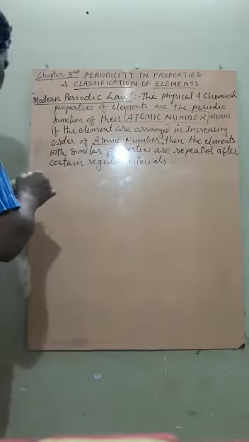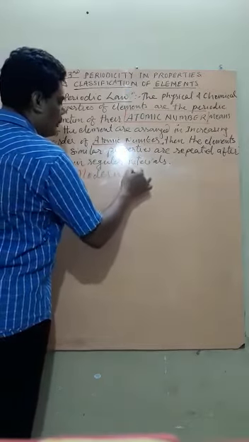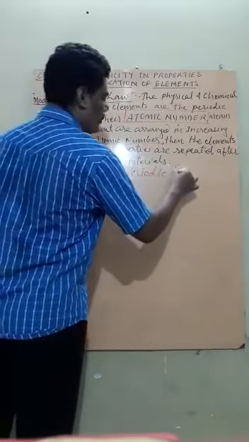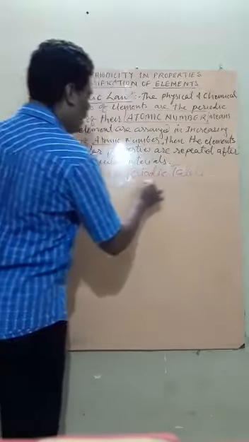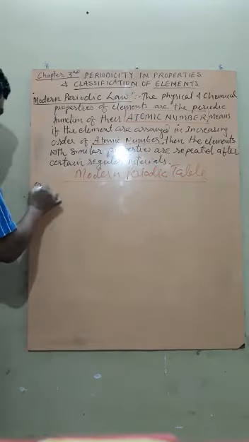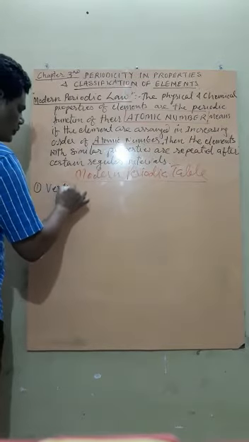Now, student, we are going to deal with the modern periodic table. You all know from your previous class, that is 10th class, the modern periodic table consists of two very important things. The first one is the vertical column.